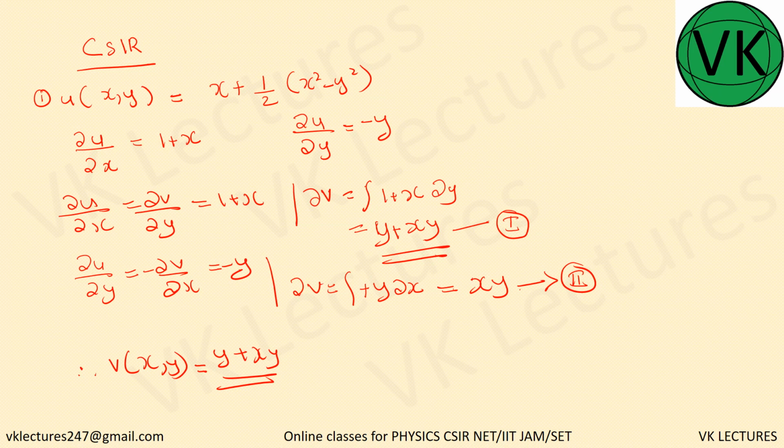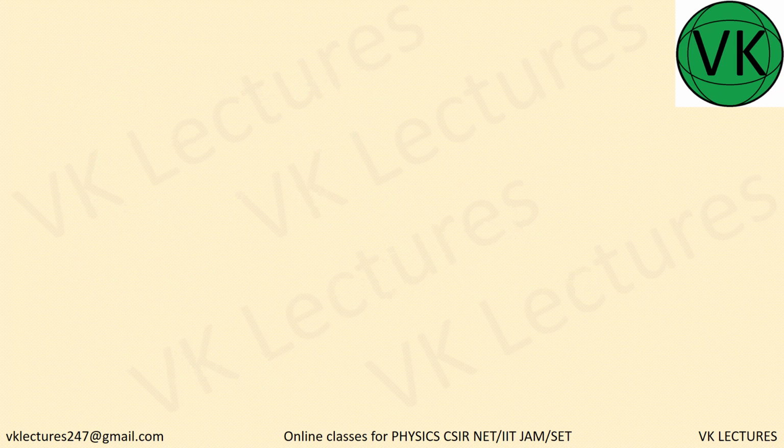So this is the answer. This has been asked in the CSIR question paper. Alpha is equal to 1, beta is equal to 2, and gamma is equal to minus 1.